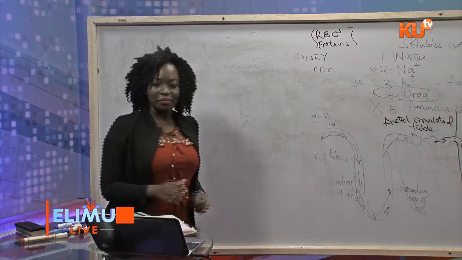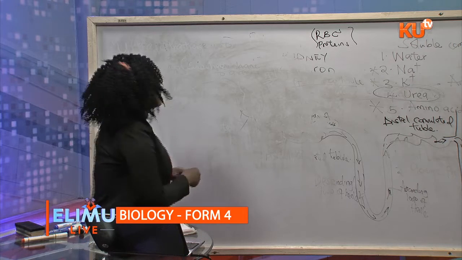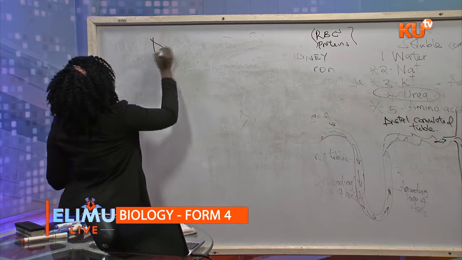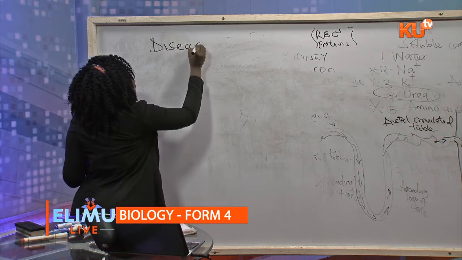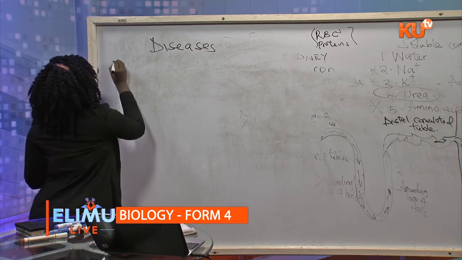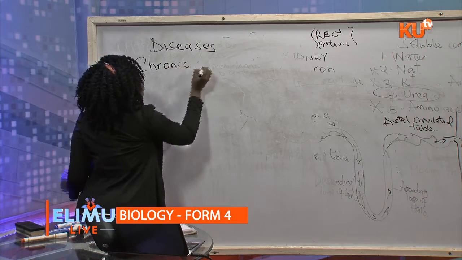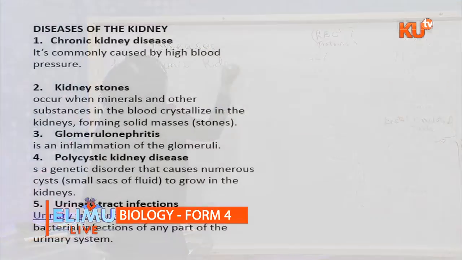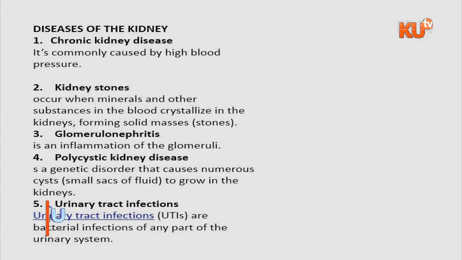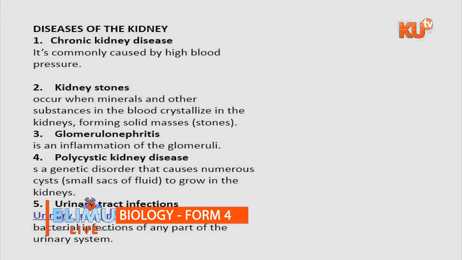Just to summarize them, the first disease is chronic kidney disease. Number 1, chronic kidney disease. What is chronic kidney disease? It is commonly caused by high blood pressure.